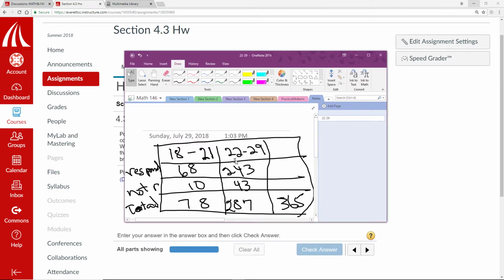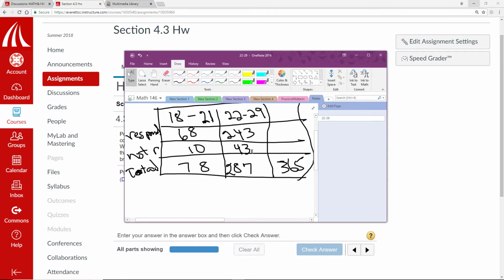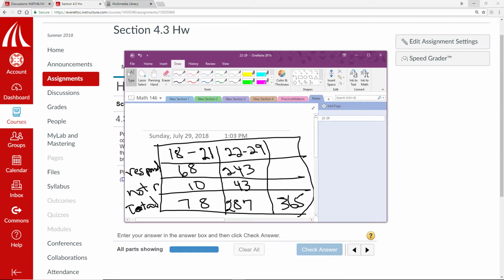So there's actually two things going on. We need to get the total number of people in this 22 through 29 bracket.